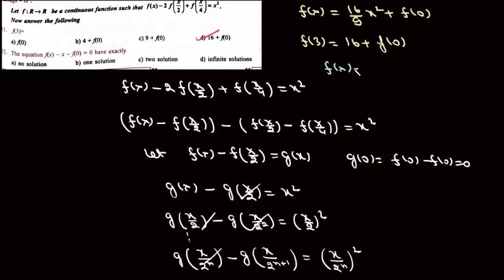So f(x) minus x minus f(0) will be 16x²/9 minus x equals 0. So we'll get either x as 0 or x as 9/16. So this equation will have two solutions, and this is the answer to this question.